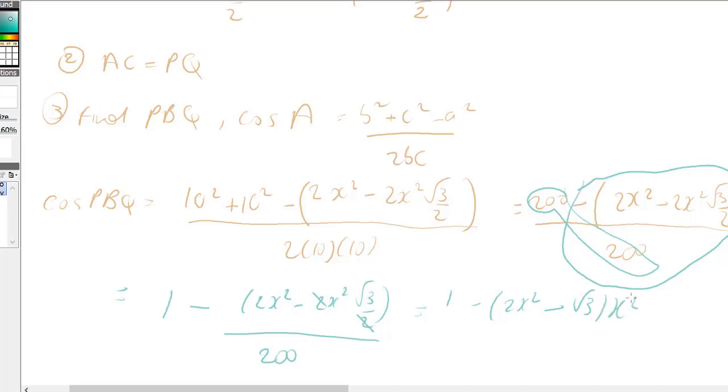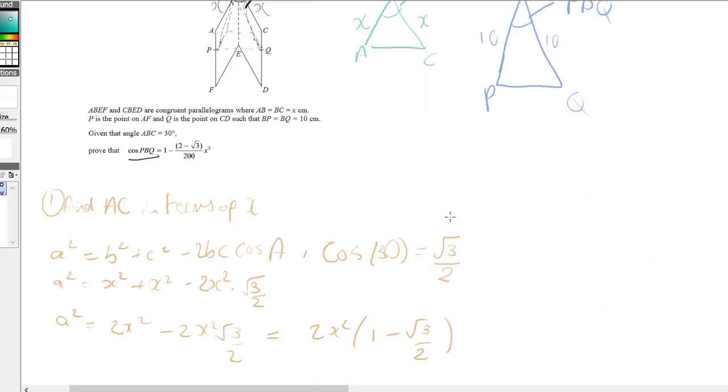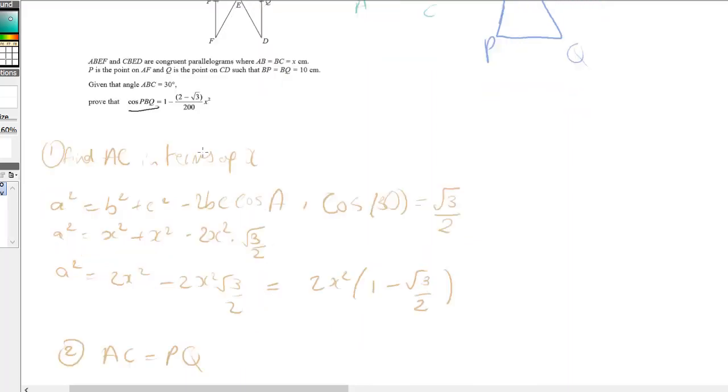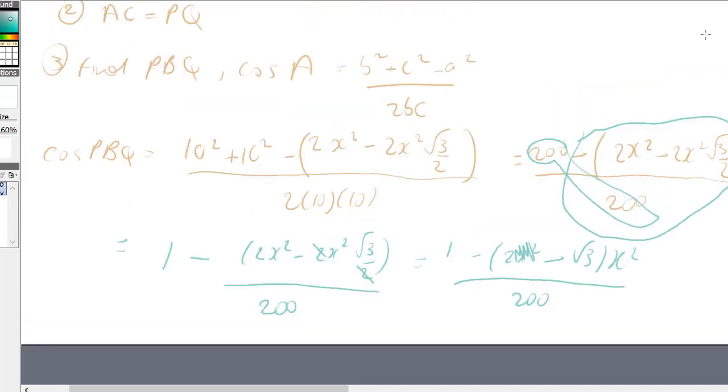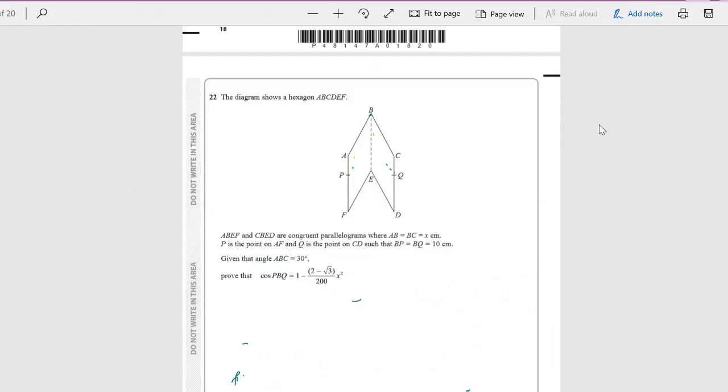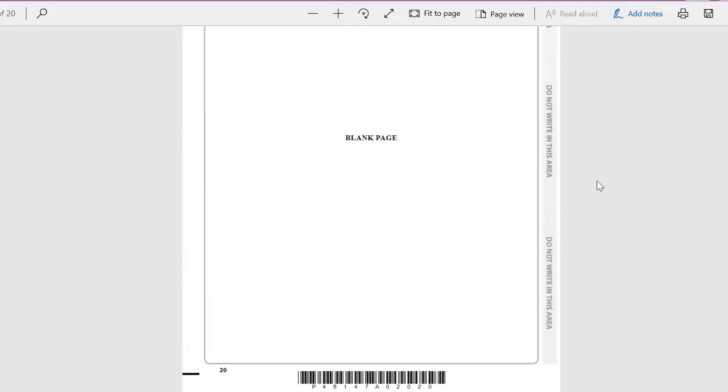We're going to put the x squared outside, over 200. And we can see that's exactly what we have. So cos PBQ equals 1 minus this fraction next to x squared, and that's what we've got here. And that brings us to the end of the exam.